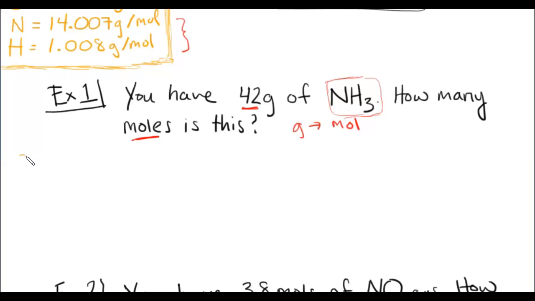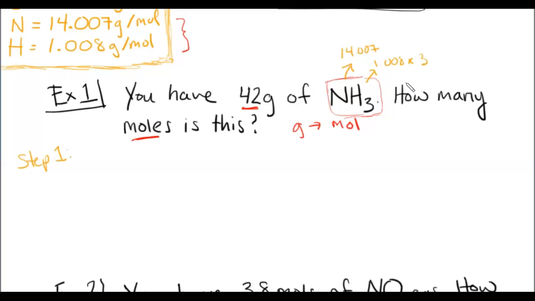So step one. N, we have one of these, so that's 14.007 grams per mole. And then H in NH3 is 1.008 times 3.